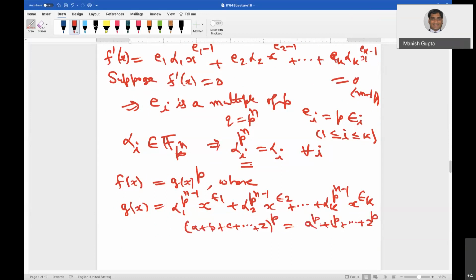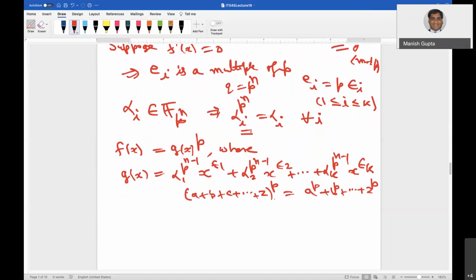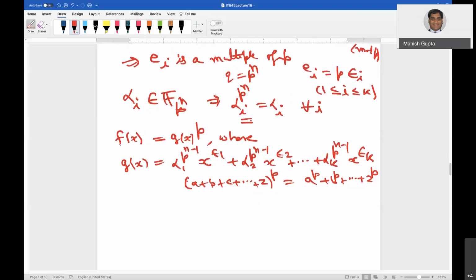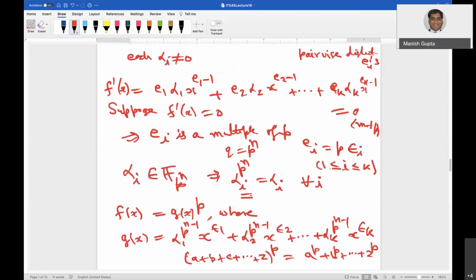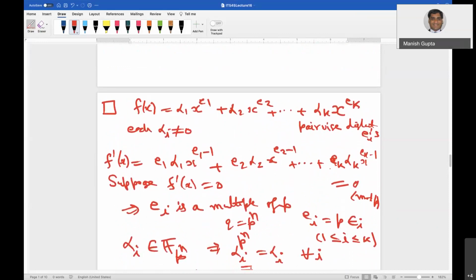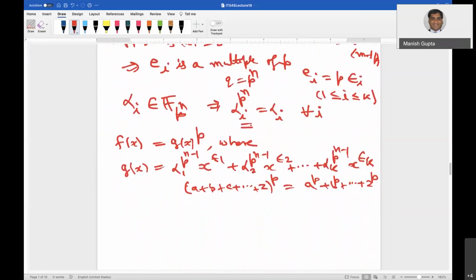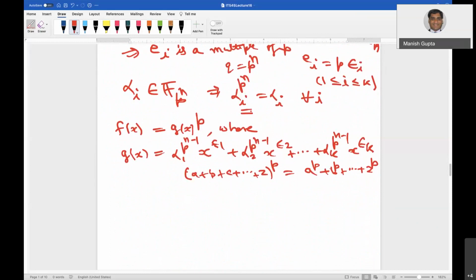When we expand this multinomial expression, the coefficients will be some binomial coefficients, and those will be congruent to 0 mod p. That's why this expression is there. Hence, when we raise the whole thing to power p, we are going to get f(x) without any problem. So f(x) can be written as this.